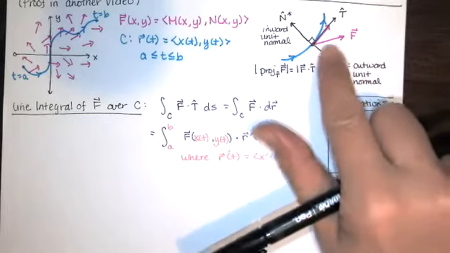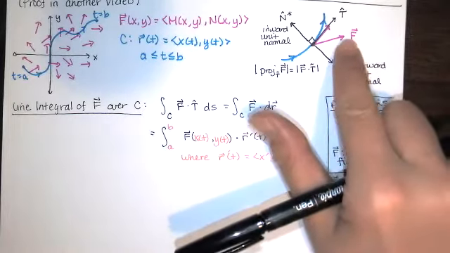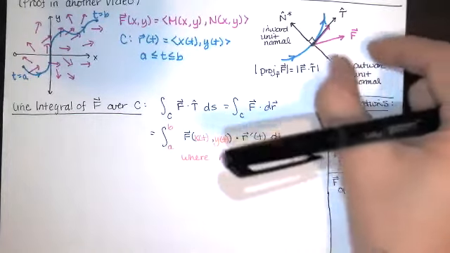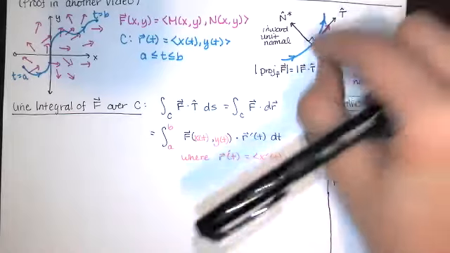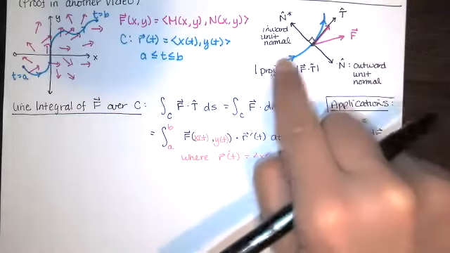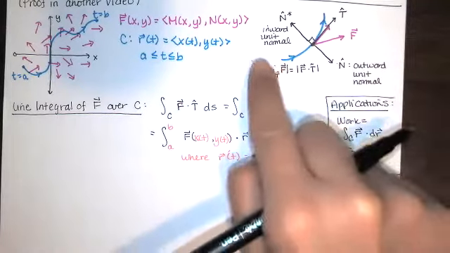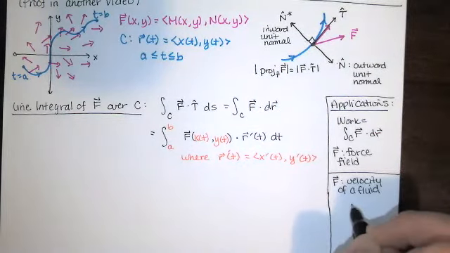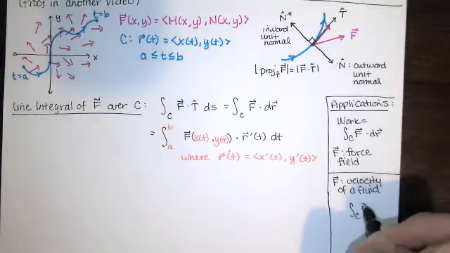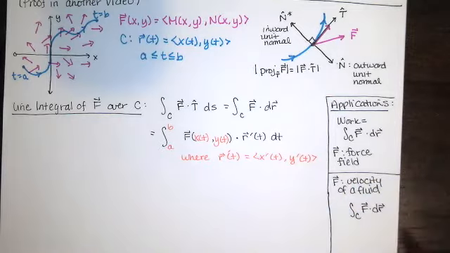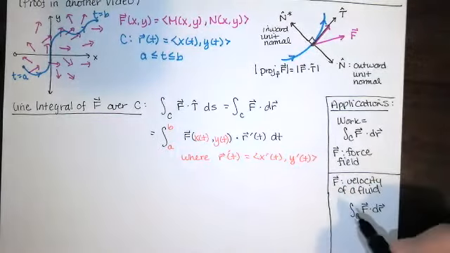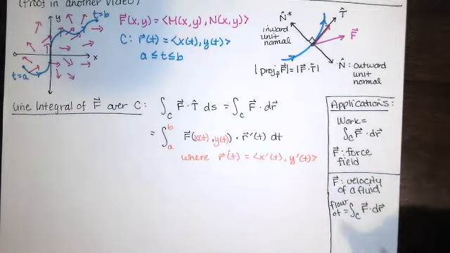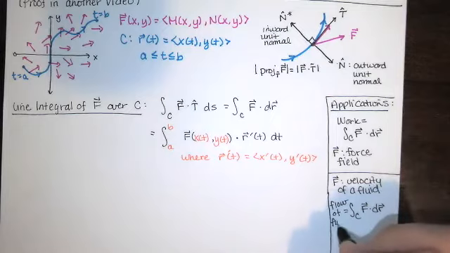If this is the velocity of some fluid, if I take the projection of F onto T hat, well, that's the part of the velocity that's acting in the direction that the curve is being traced out as t increases. So we say that this, which is equivalent to this, represents the flow of that fluid along C.